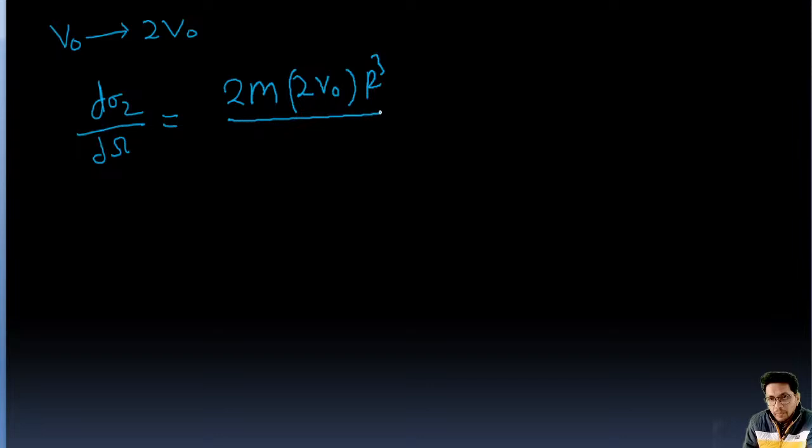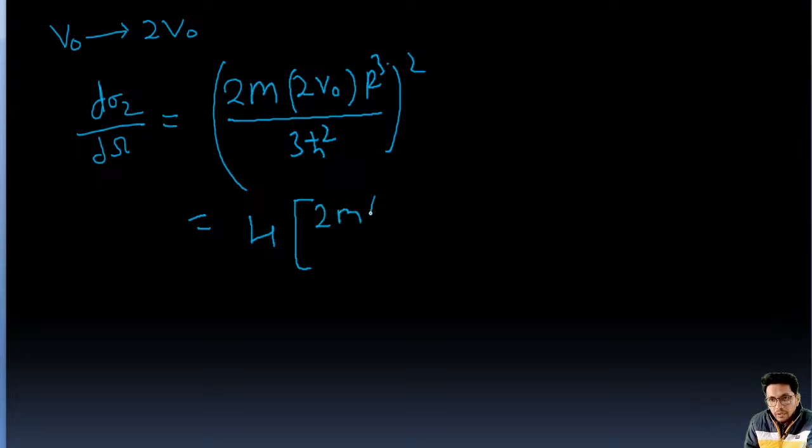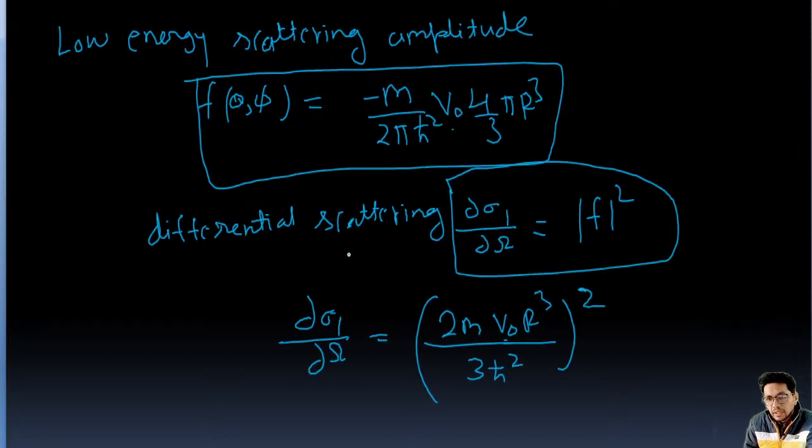So 4 will take common, and it is 2mV0 r³ upon 3ħ² whole square, the same value.